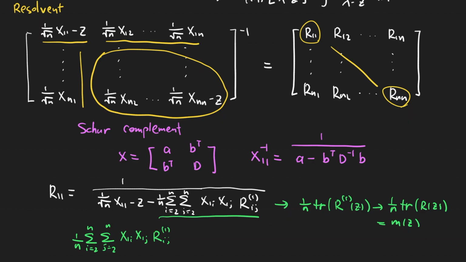Okay, so for this double sum, we can actually separate out the case where i equals j, then we have x1i squared R_ii, plus the case of i not equal to j.